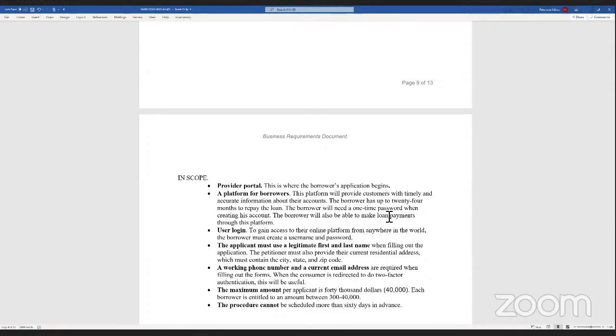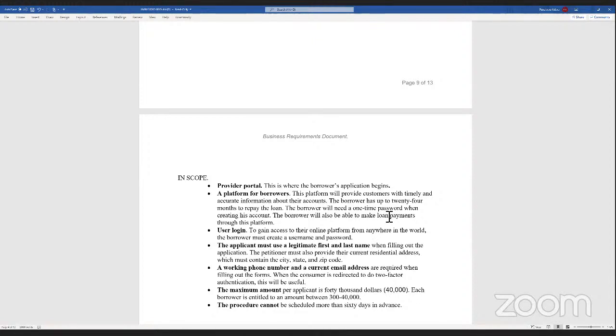User login: to gain access to their online platform from anywhere in the world, the borrower must create a username and a password. The applicant must use a legitimate first and last name. This includes their current residential address, and they must have a working phone number and their current email, because a lot of information is now sent via email, and so every single detail should be something that's working.